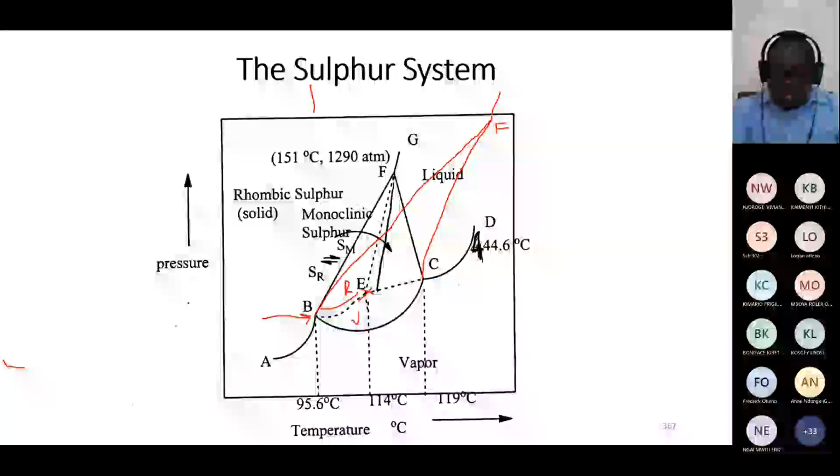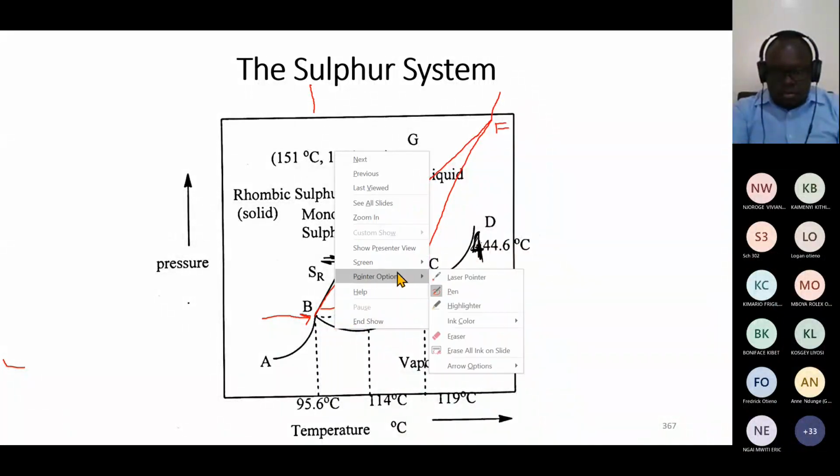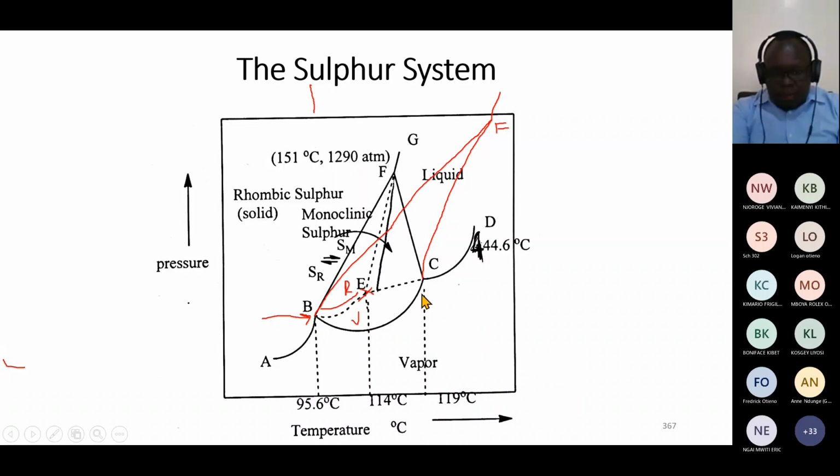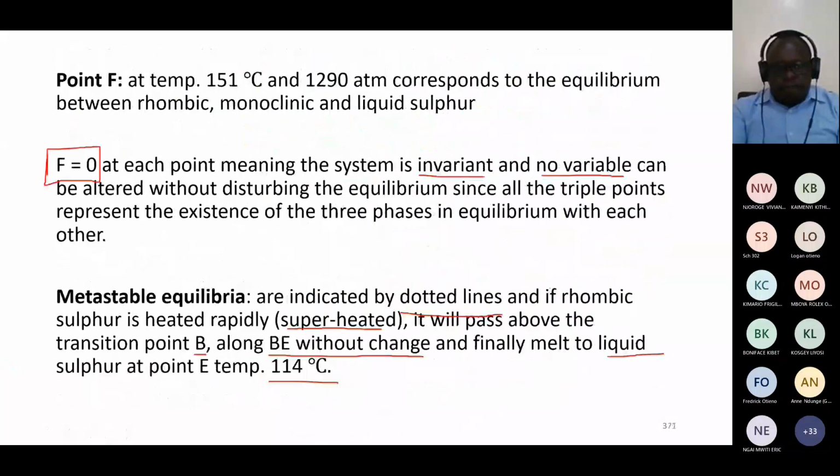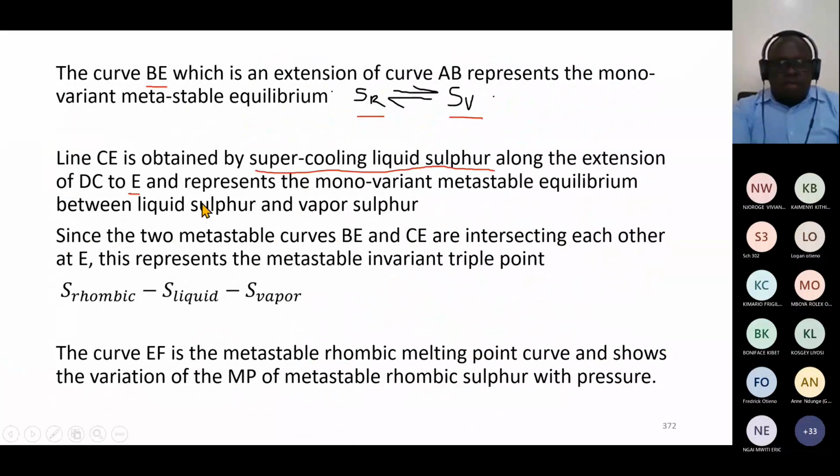But now when you talk about CE, you're talking about supercooling of the liquid sulfur, which is being supercooled to the point E. The line CE represents the monovariant metastable equilibrium between liquid sulfur and vapor sulfur.